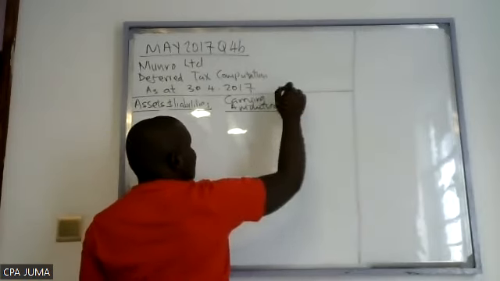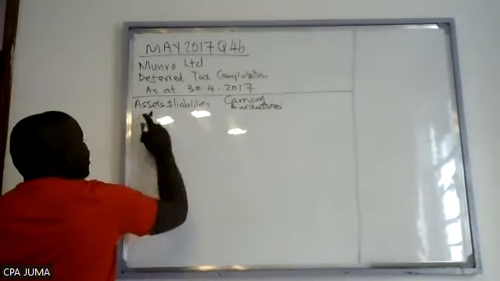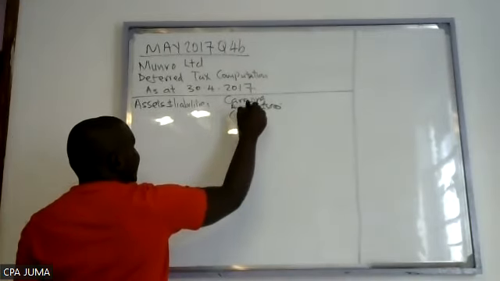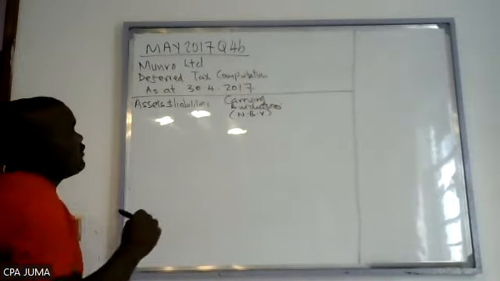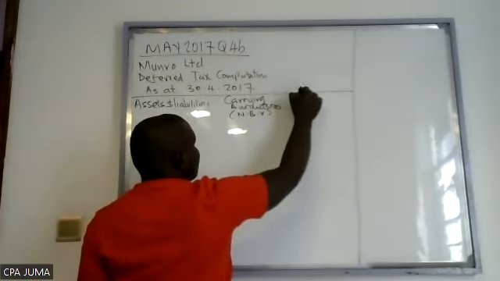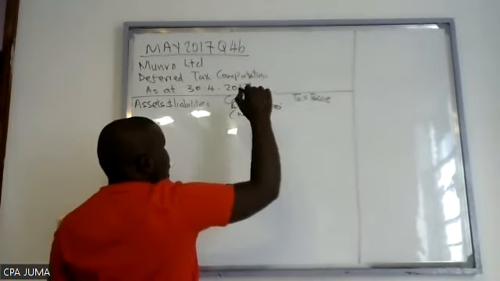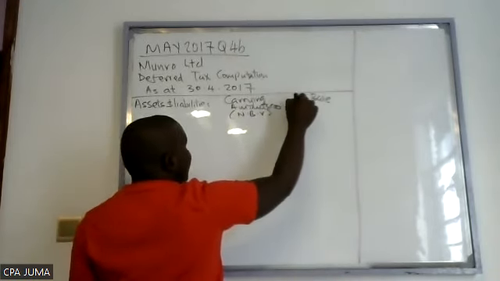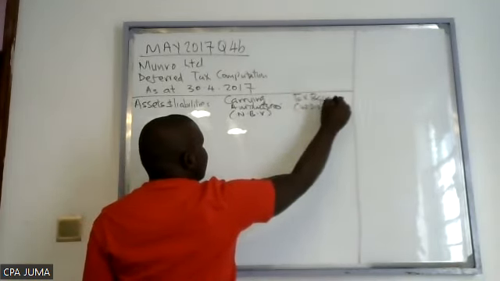So please remember, carrying amount and the net book values. Then you will give us their tax base. Tax base is the written down value, also in thousands.